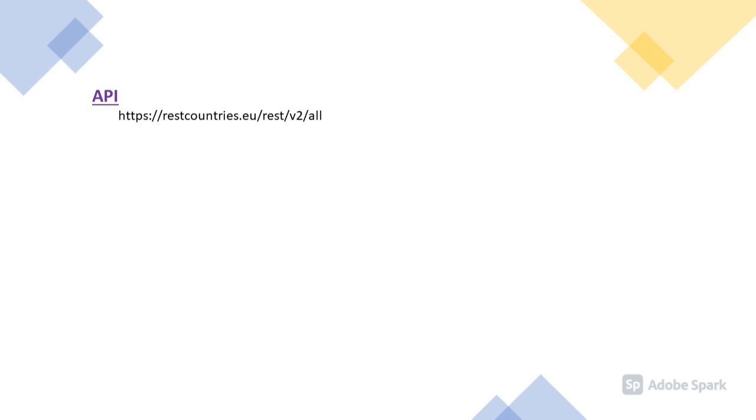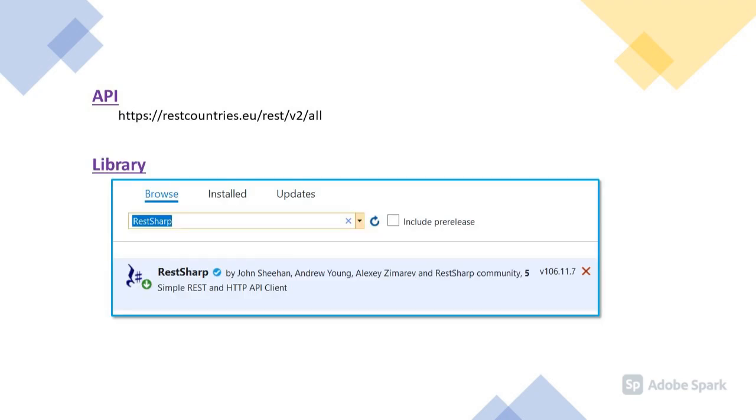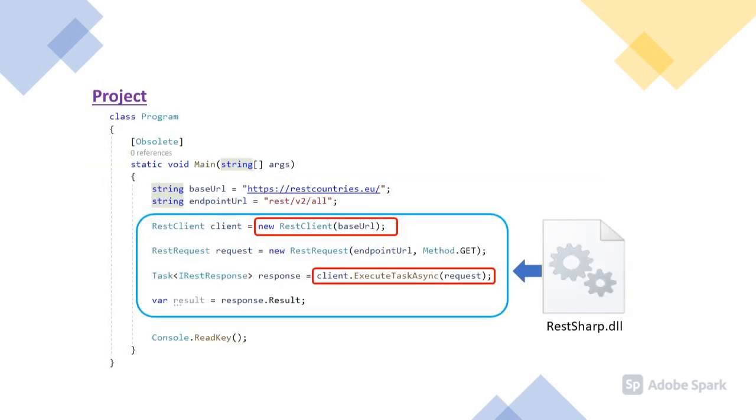For your learning purposes, you can use the same API. And then I have used the RestSharp library to make API calls from .NET code. When we use a third-party library, it is closed for modification. Here is our application where we are making API calls using the RestSharp library and getting all countries data.